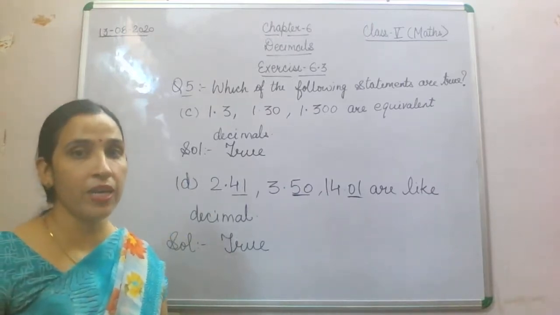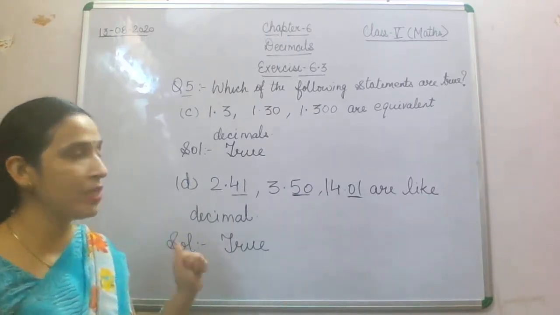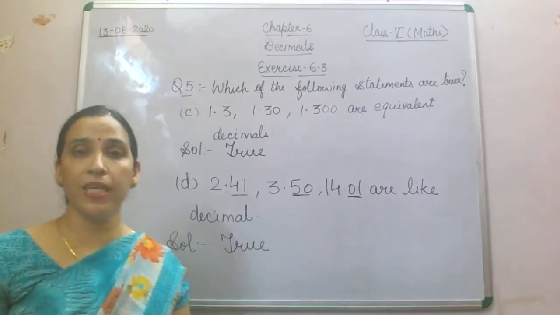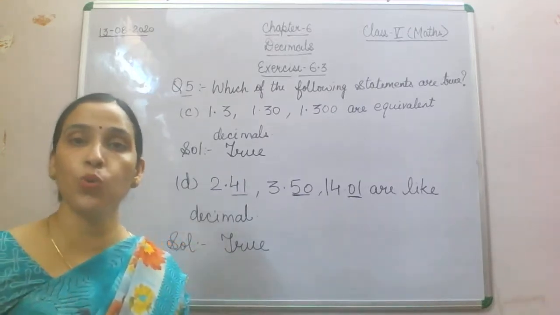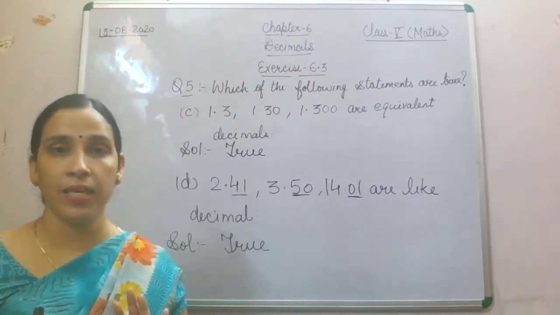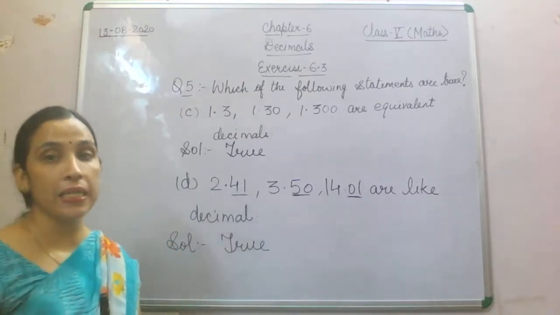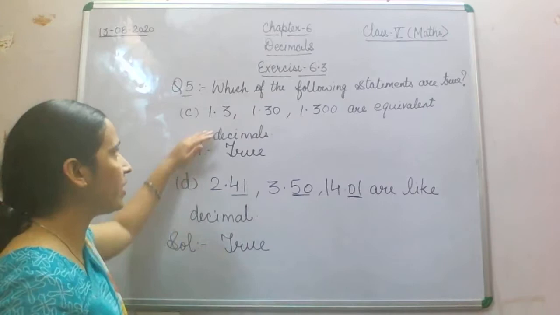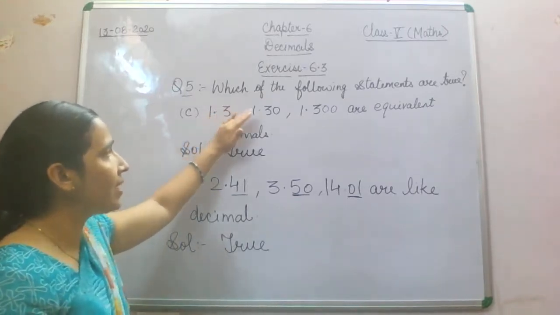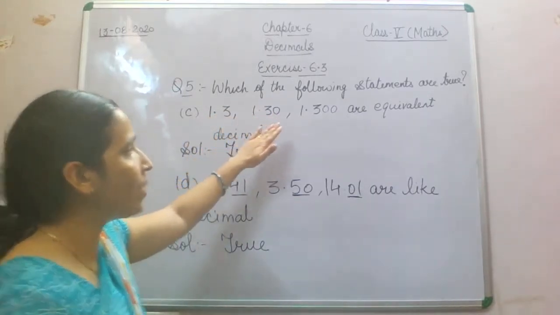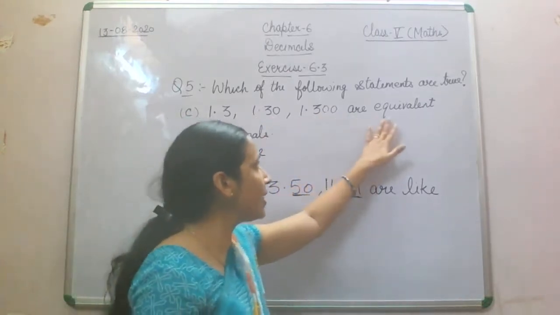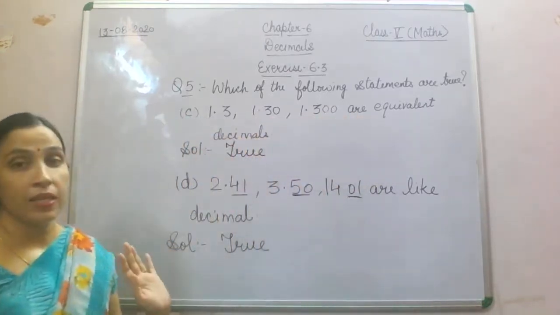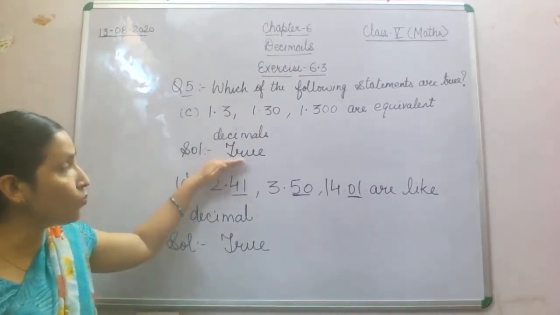So what we have done in this question number 5, you have been given a few statements and you have to tell whether each statement is true or false. In the C part you have been given 3 numbers, 1.3, then 1.30 and 1.300, and the question was whether they are equivalent decimals. Then what we have done? Yes, true. Why?